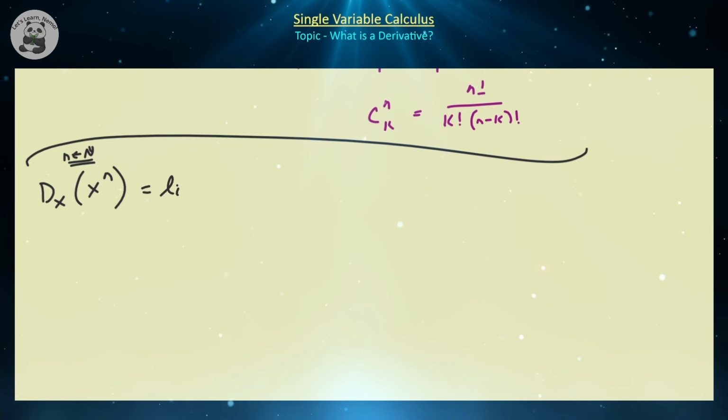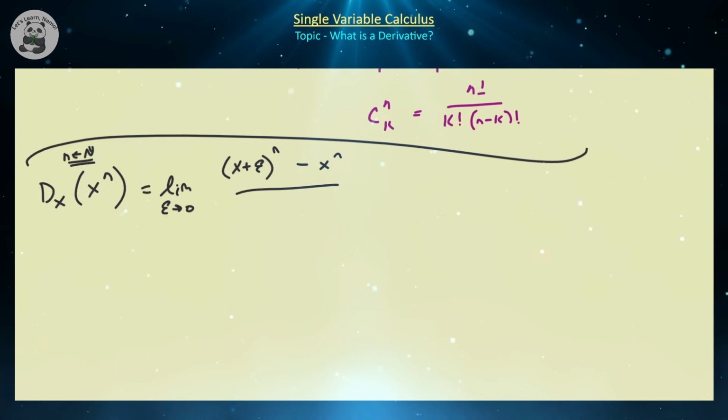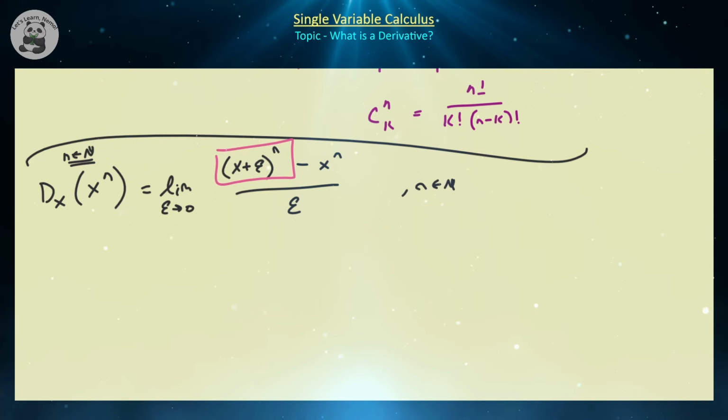So this is going to be equal to the limit as epsilon approaches 0 of x plus epsilon to the power of n minus x to the n, all divided by epsilon. And again, n is a natural number. So what we can do is expand that via the binomial theorem.